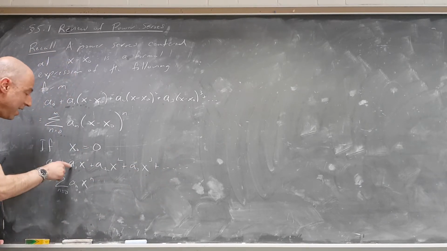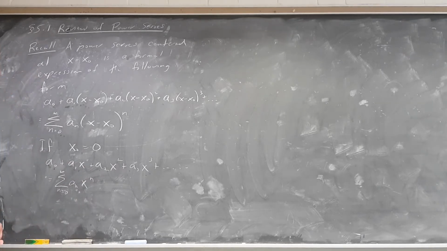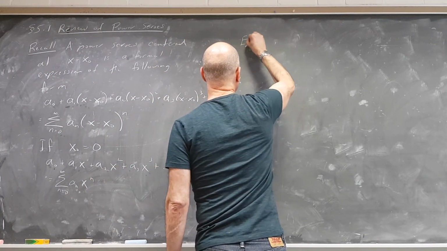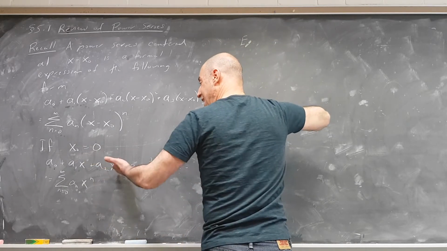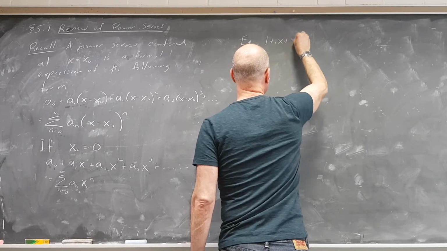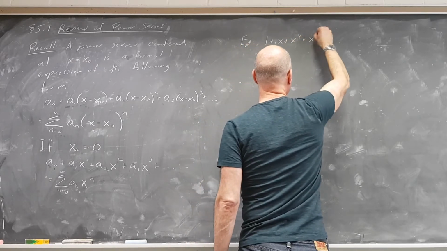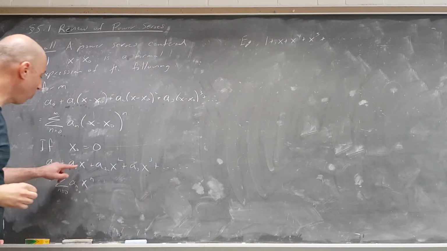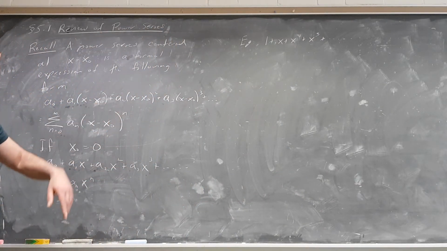So these a's are just numbers. So for instance, if all the a's are 1s, then I have 1 plus x plus x squared plus x cubed plus and so on. All my coefficients are 1 this time. I just put a 1 in front of every power of x.